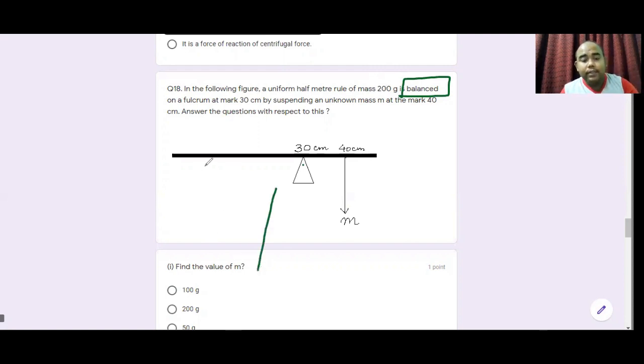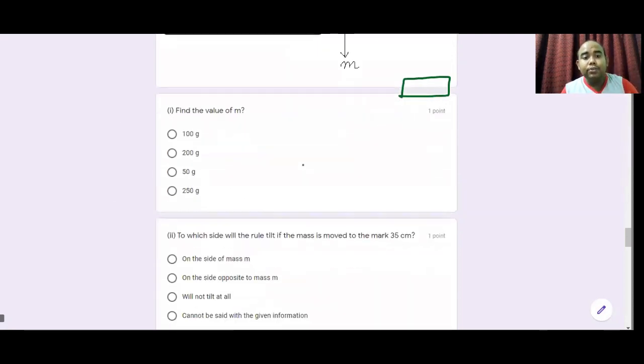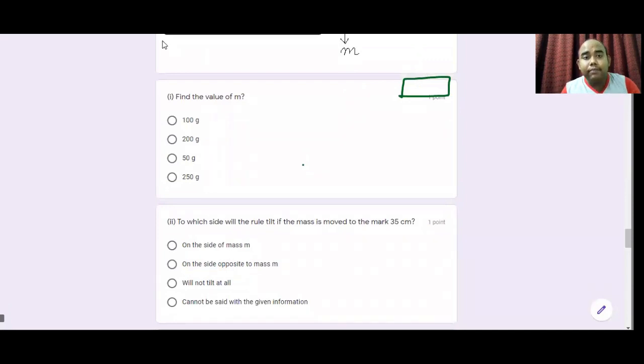But now the question says that the rule will tilt on which side, if what? The mass is moved. Mass means mass m. Okay, if the mass m is moved to mark 35 centimeter. So अभी मैं इसको 35 सेंटीमीटर पे लेके चला जाऊंगा, तो फिर वो किधर टिल्ट होगा? Option A, on the side of mass m, जिस साइड में मास m है उधर टिल्ट हो जाएगा.